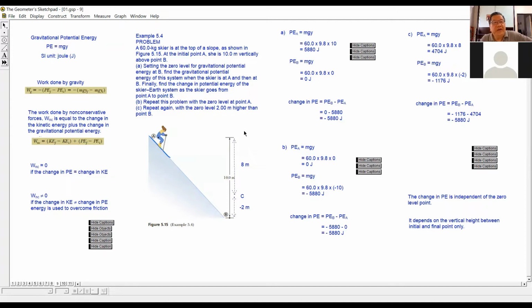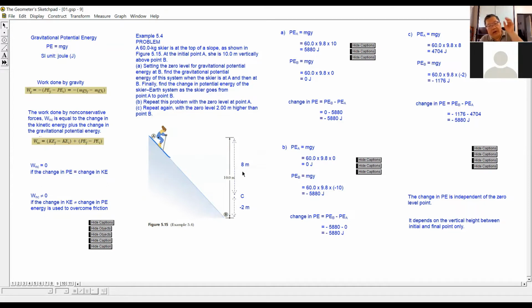Now, you can even put the reference point, the 0 point, at C. If the 0 point is at C, the height at A is 8, and the height at B is -2.